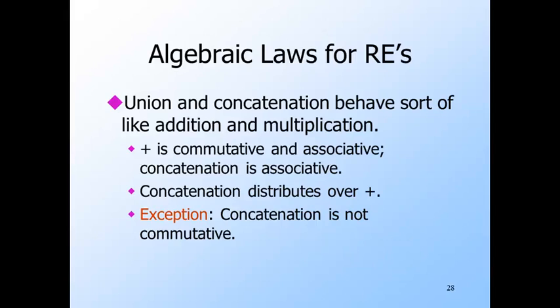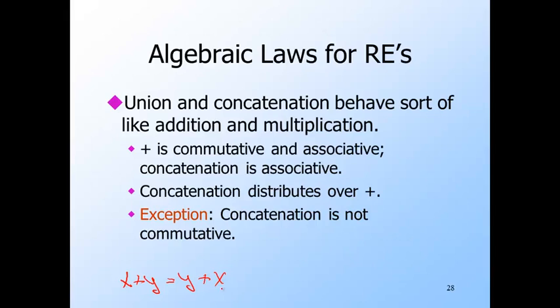First, plus and concatenation behave almost like plus and times for arithmetic. The plus operator, which remember is set union, is associative and commutative just like addition. Remember also that the commutative law says that x plus y equals y plus x. That is, the order of the arguments doesn't matter.